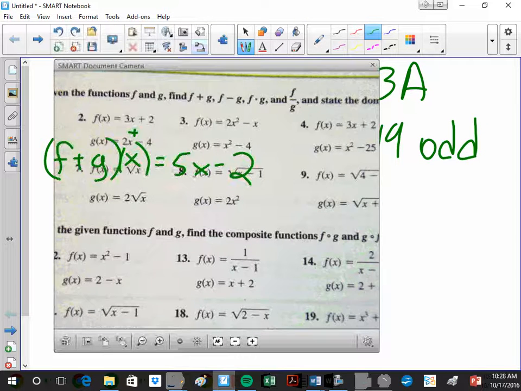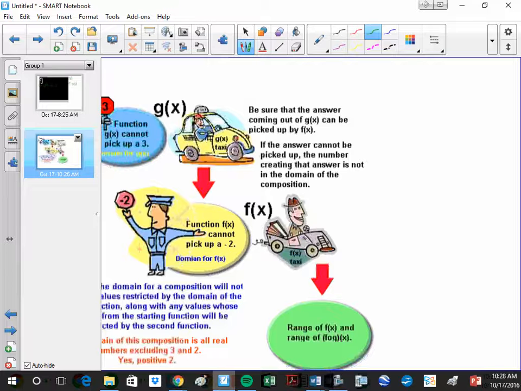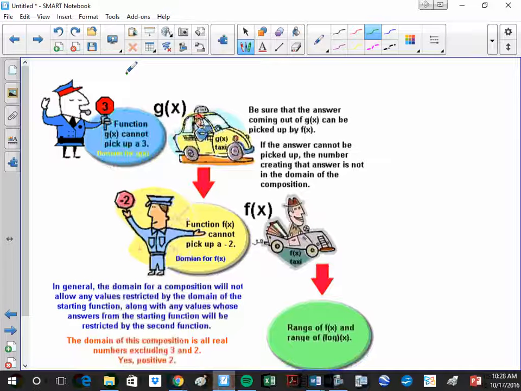Well, I have this nifty little graphic. In general, the domain of a composition will not allow any values restricted by the domain of the starting function, along with any values whose answer from the starting function will be restricted by the second function.